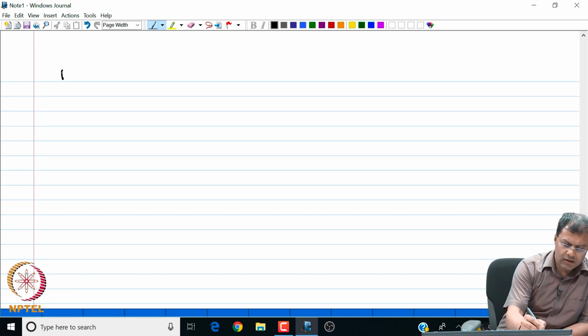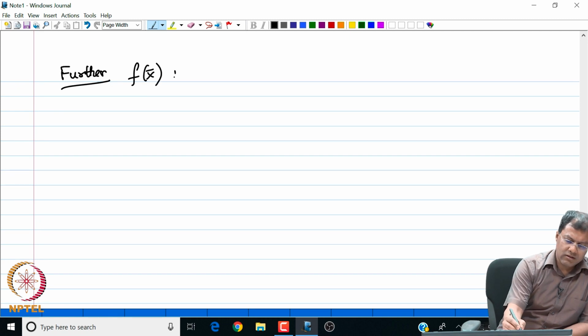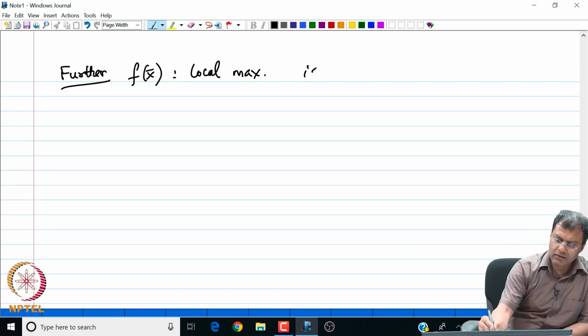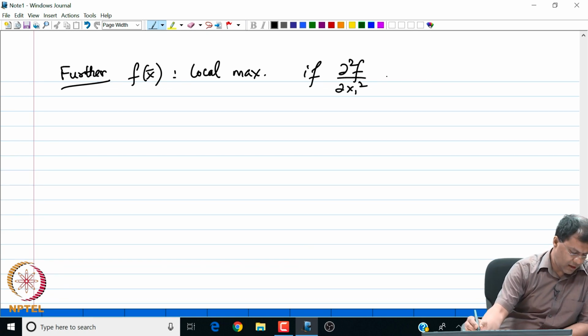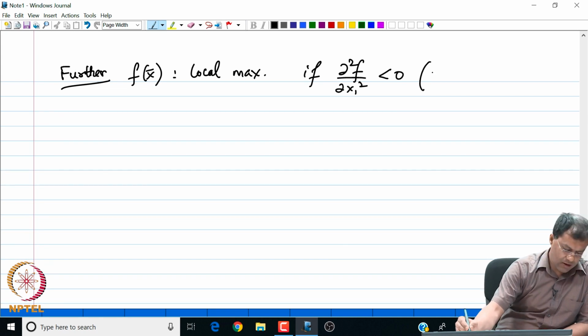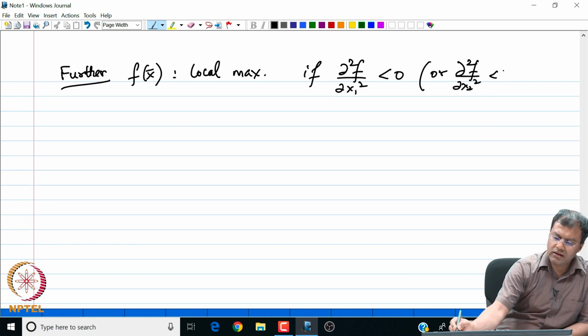So, further, f of x bar is a local maximum if the second partial derivative of f with respect to x1 squared is negative, or with respect to x2 squared is negative.